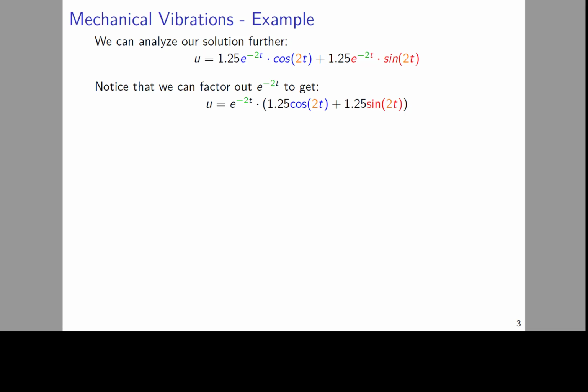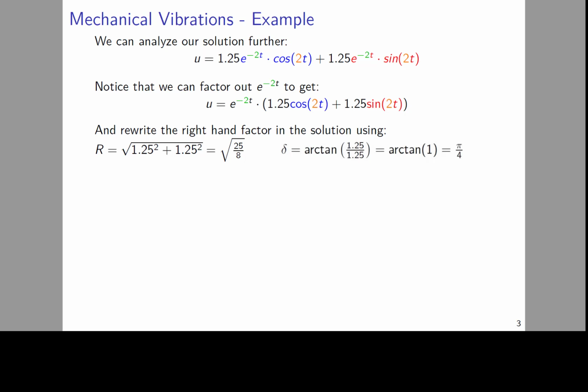And rewriting the right-hand side as a single periodic function, using that r equals the square root of 1.25 squared plus 1.25 squared, which reduces to the square root of 25 over 8, and that delta equals the arctan of 1, which is pi over 4, we get that u equals e to the negative 2t times the square root of 25 over 8, which is r, times cosine of 2t minus pi over 4.